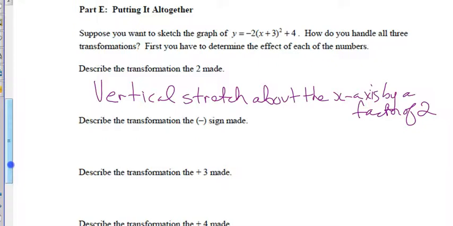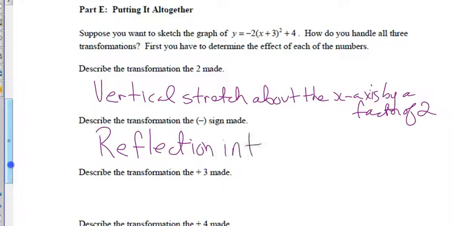Describe the transformation the negative sign made. It's a reflection in the x-axis. Okay, it's a reflection in the x-axis. That's what makes it open down. Describe the transformation the plus 3 made. 3 units to the left.